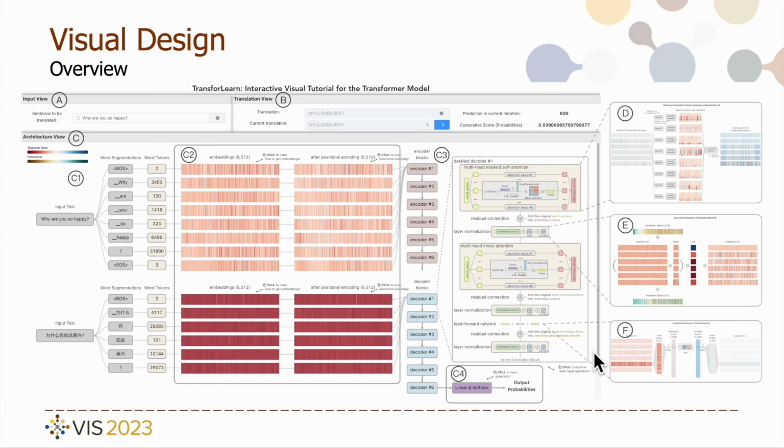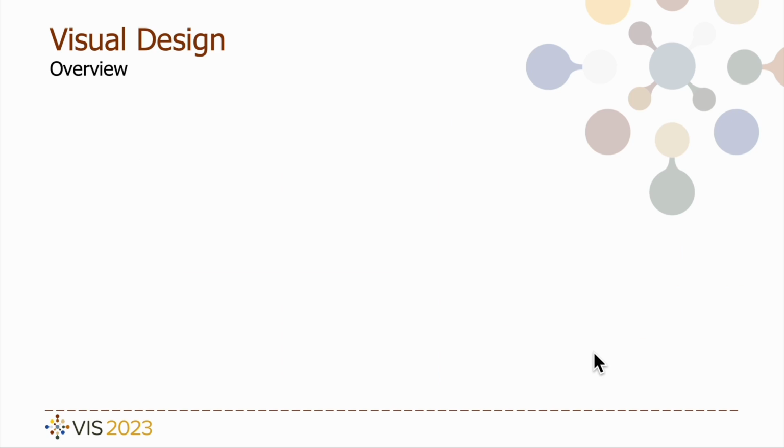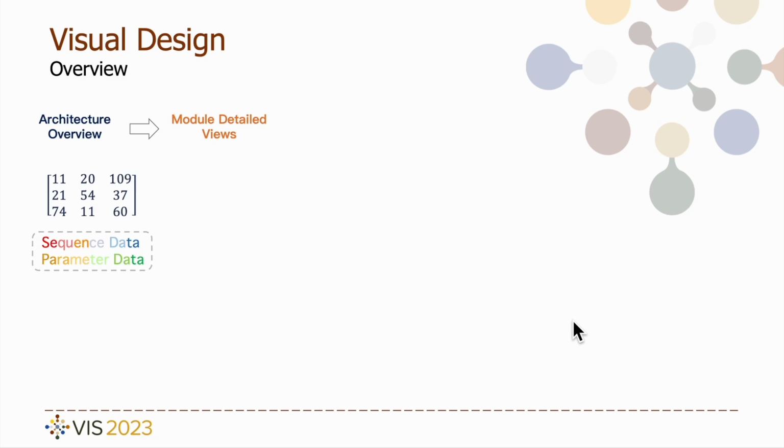We designed the visual interface for the classic transformer framework with different parts corresponding to different modules. We follow the structural characteristics of the model, visualizing the various parts from the overview to the model details. The main visual metaphor used in our work is to map the matrix to a corresponding color scheme to form the heat map matrix.